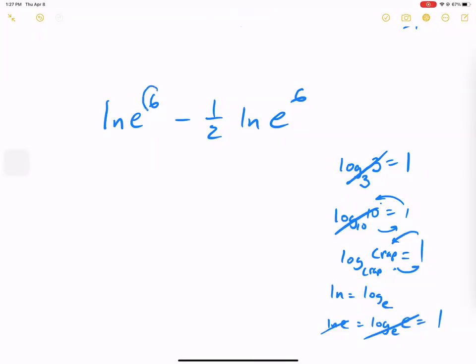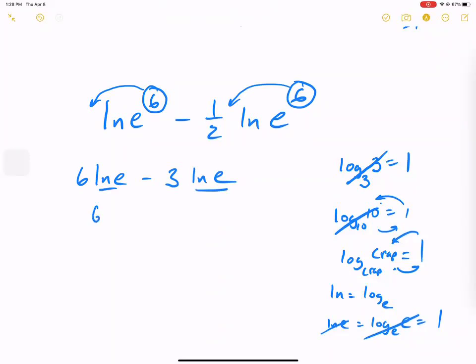First, what happens to exponents in logs? They get moved where? Logs bring down the gods. They're going to be brought down to the front. 6 ln e minus 6 divided by 2 is 3, natural log e. And now we said natural log of e, those are just both 1.